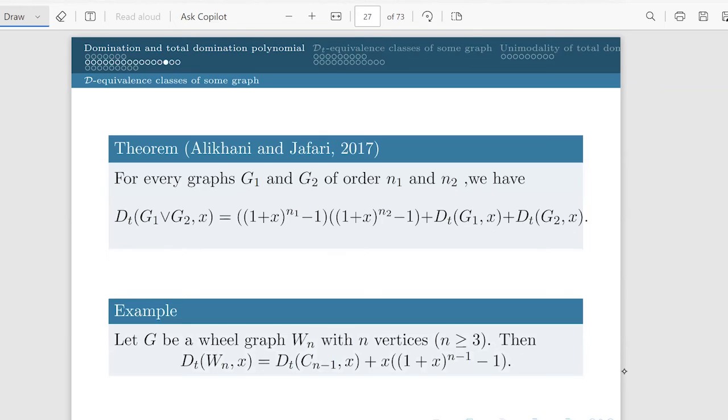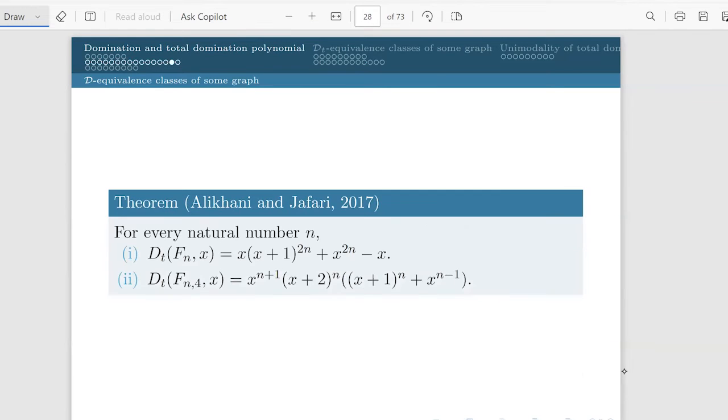Again, similar to the domination polynomial, we considered the total domination polynomial of the join of two graphs, and we have the same formula for the join of two graphs. As an example, if we consider W_n as the graph K1 joined with C_{n-1}, then we have this total domination polynomial for wheels of order n.